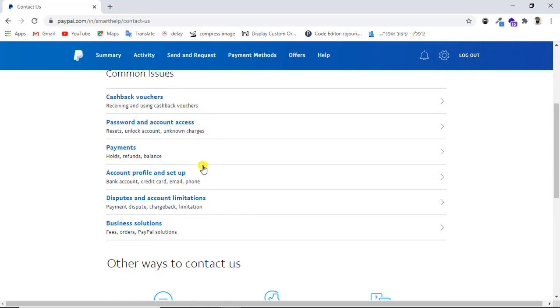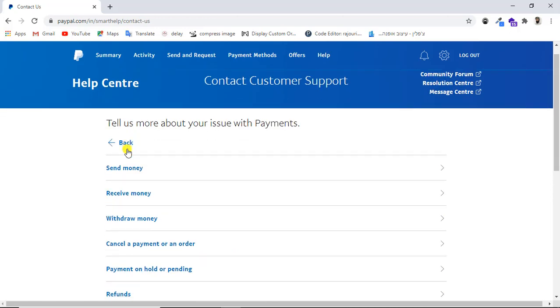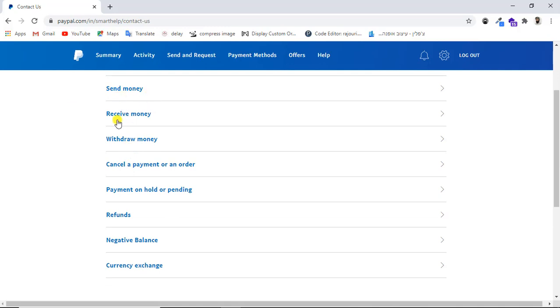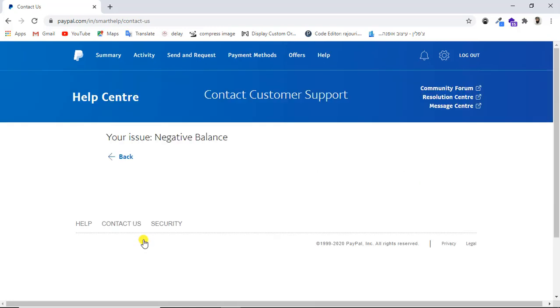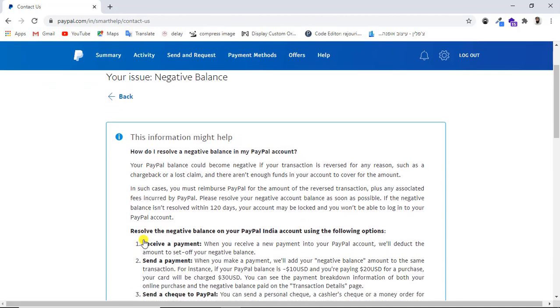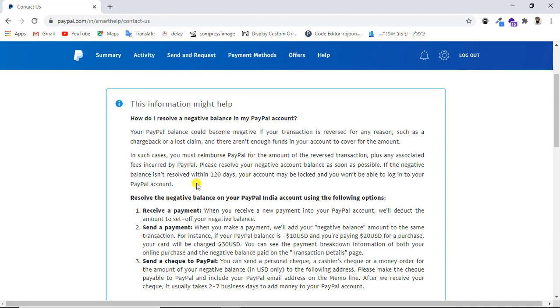You need to click on this link and you will be redirected to a few links. For example, if you click on Payments, you will get a lot of options, such as send money and receive money, but in my case I have a negative balance. You can see there is a minus symbol, so that means this is a negative balance. A lot of things are discussed over here, so you can get help from this description as well.